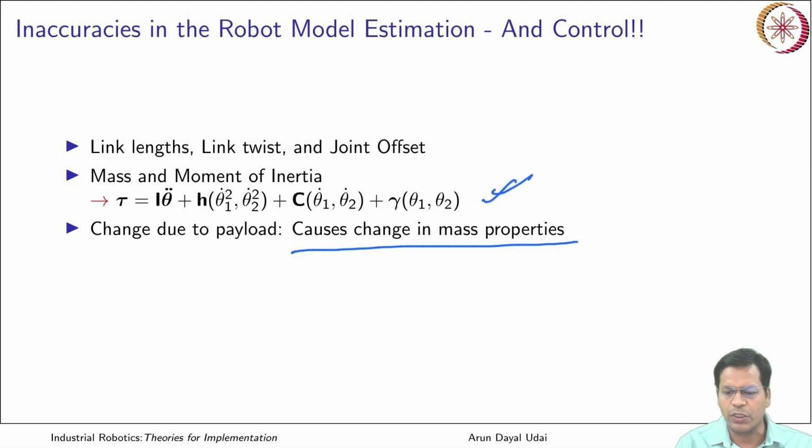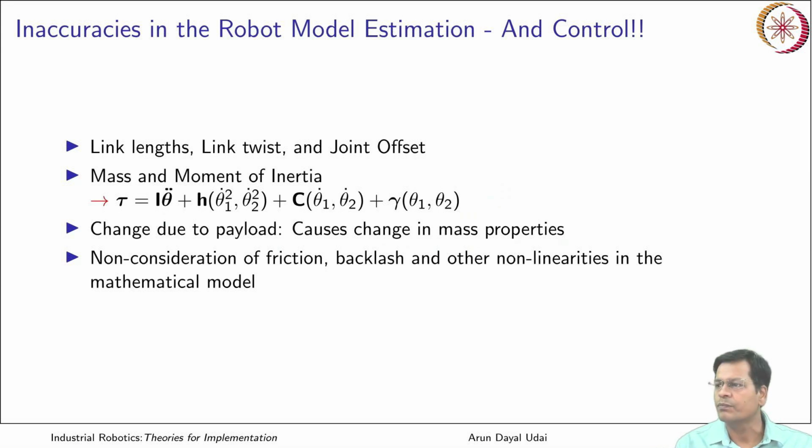Whatever goes into this dynamic model, these masses do affect all the parameters in this equation. And again, this equation never took care of any friction in the joint, any backlash in the gears and transmission gears, and any other non-linearities in the mathematical model given by this equation.